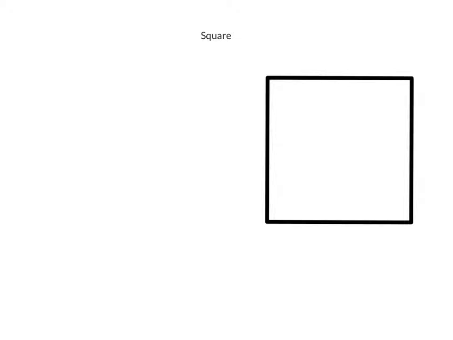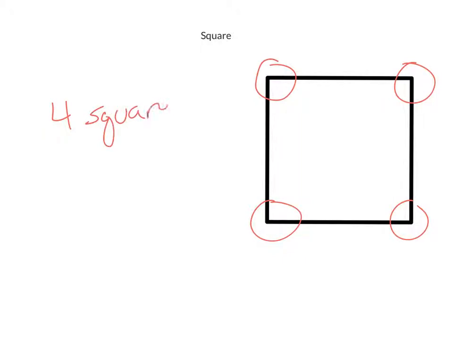Next is our square. Now our square, just like our rectangle, has four square angles. We can always remember that square angles are also known as right angles. But unlike a rectangle, a square has all four sides the same length.